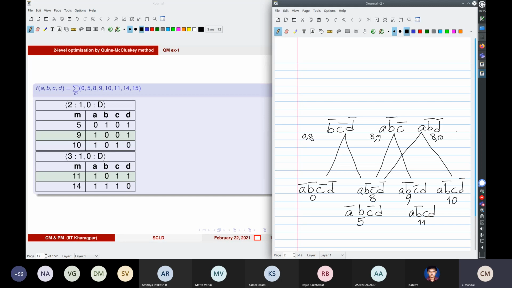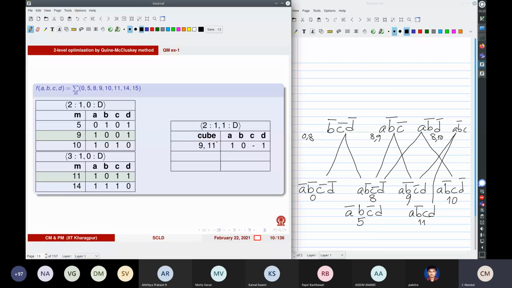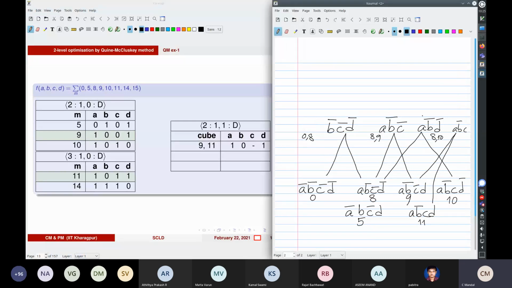This is 11, and we can combine 9 and 11. This is what you get when you combine 9 and 11.